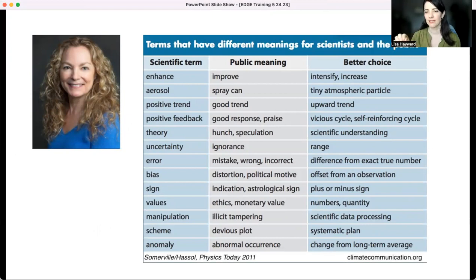That's usually what's being discussed in this context of climate communication. So these words are going to be specific to climate communication. Your own field will have its own set of words. In every discipline, there's probably words that are used one way with academic peers and a different way with the general public. So just be aware whether you're using those or not.